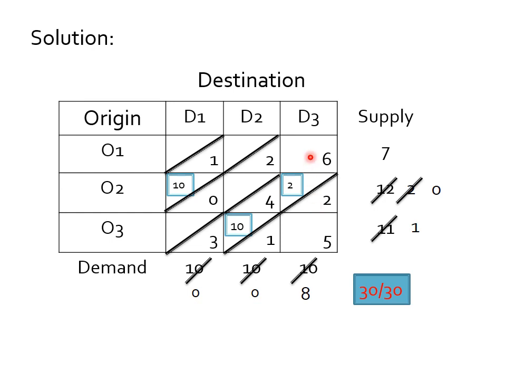Then here 2 unallocated cells are there. Out of these, which one is minimum? 5. For this cell we see supply as well as demand. Supply is 1, demand is 8. We allocate the minimum value of supply and demand, which is supply 1. So we allocate 1.